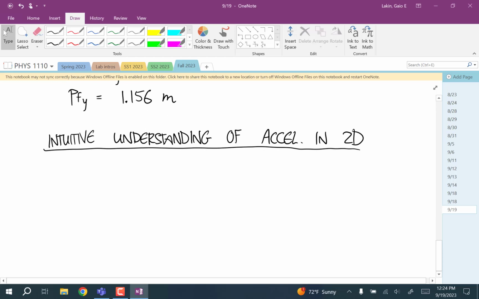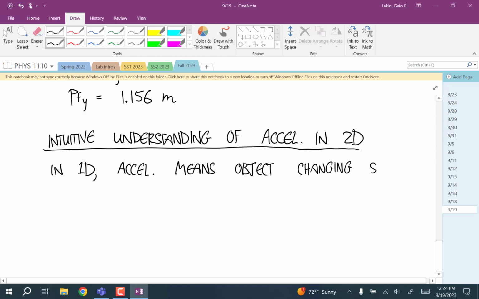All right, so in 1D, acceleration isn't as hard to wrap your head around. In 1 dimension, an acceleration means the object is changing speed. It can be speeding up or slowing down, but that's the only thing acceleration can mean.